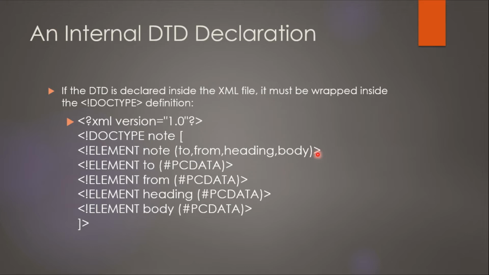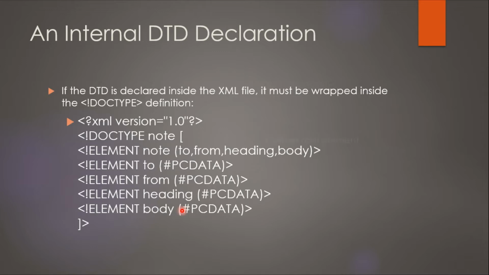Element to defines the to element to be of type PCDATA. The element from defines the from element to be of type PCDATA. Element heading defines the heading element to be of type PCDATA. And the last one, the element body defines the body element to be of type PCDATA.